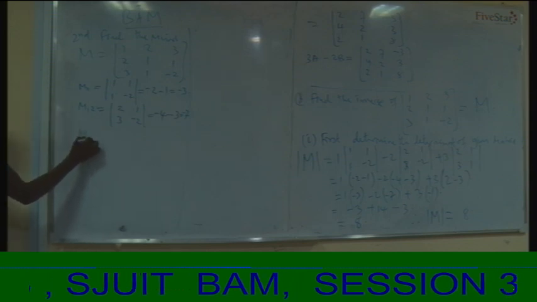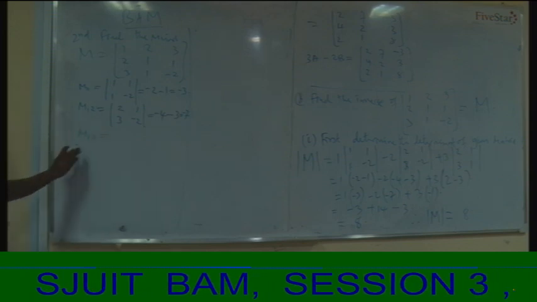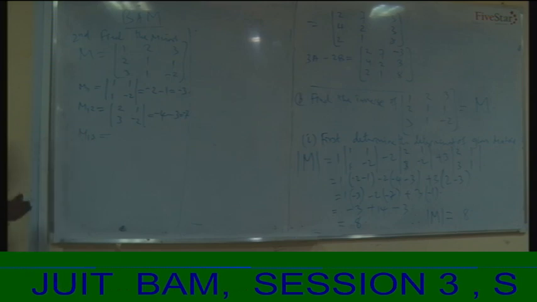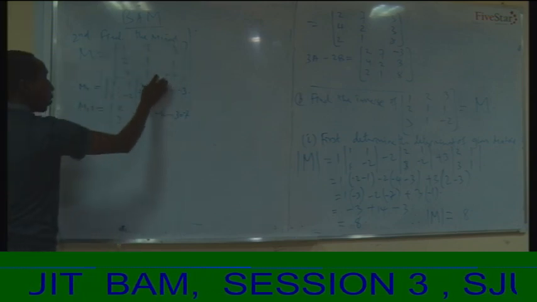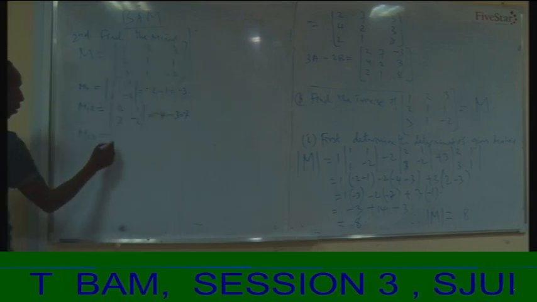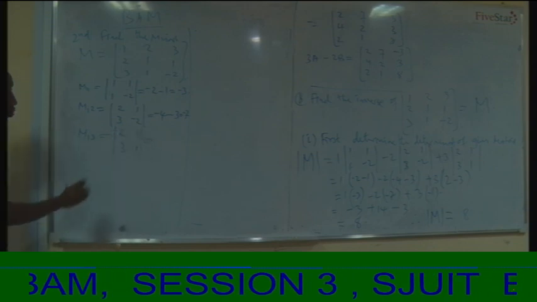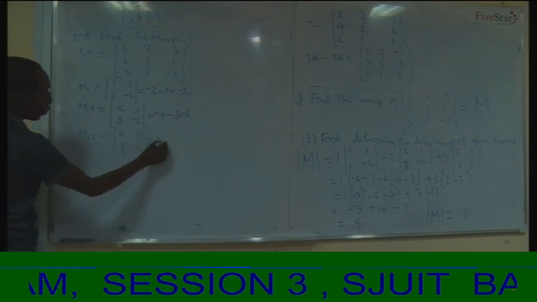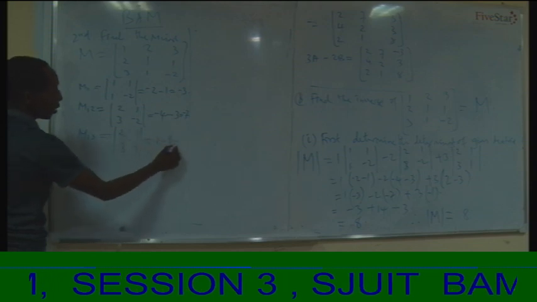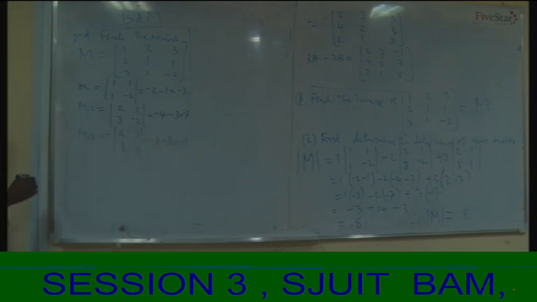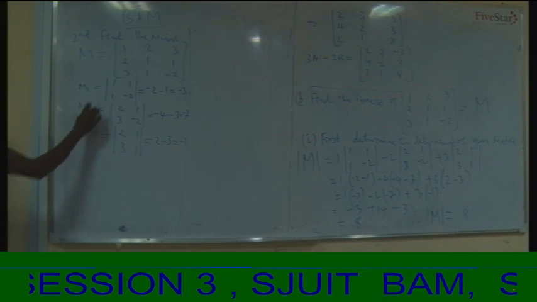Then we find M13: we delete the first row and third column. We remain with these entries: 2, 3, 1, 1. This is equal to 2 times 1 is 2, minus 3 times 1 is 3, and the answer is negative 1. Then we are done with the first row.